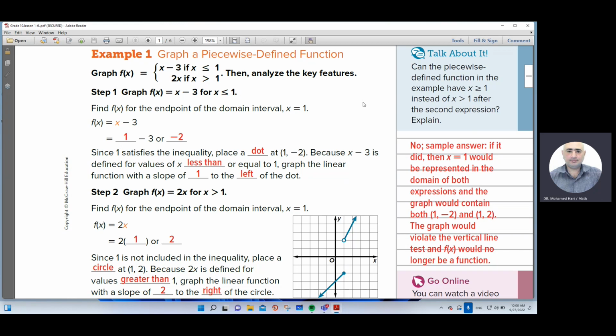Yes, it's important to know how to do the graphing in this case.